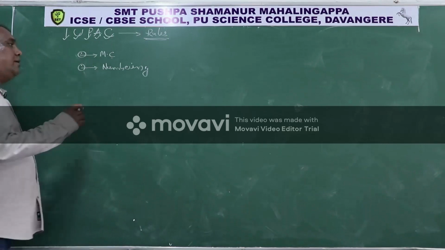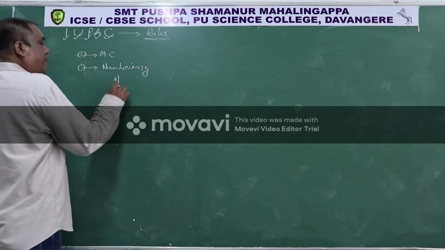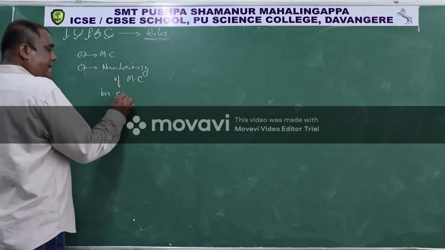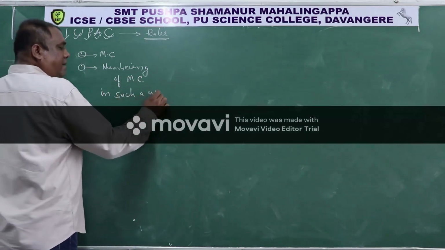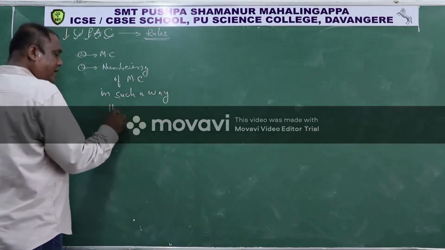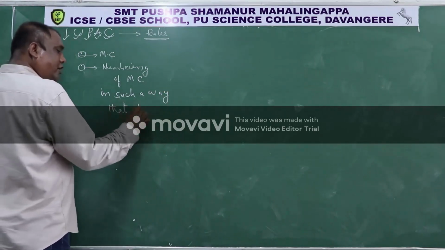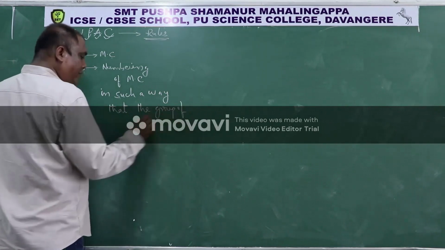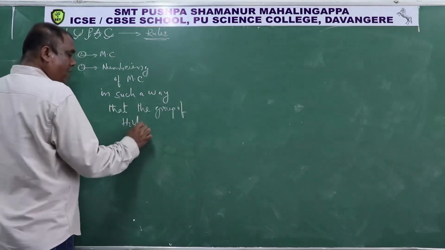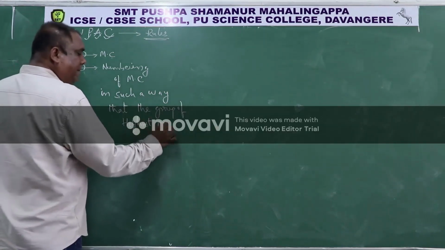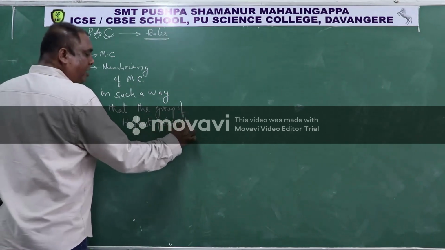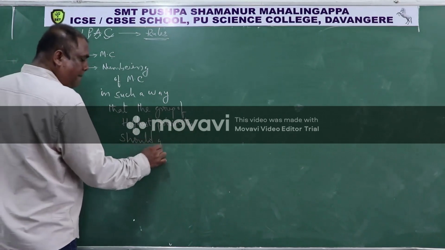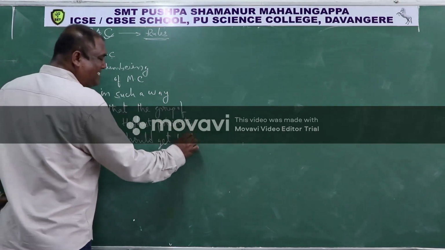It means numbering of the main chain in such a way that the group of highest priority should get the lowest number.